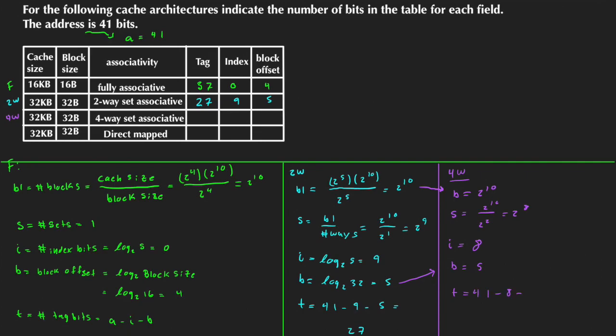And now let's calculate the tag. We have 41 minus 8 minus 5, which is equal to 28. Okay, almost done. So we had 28, 8, and 5.